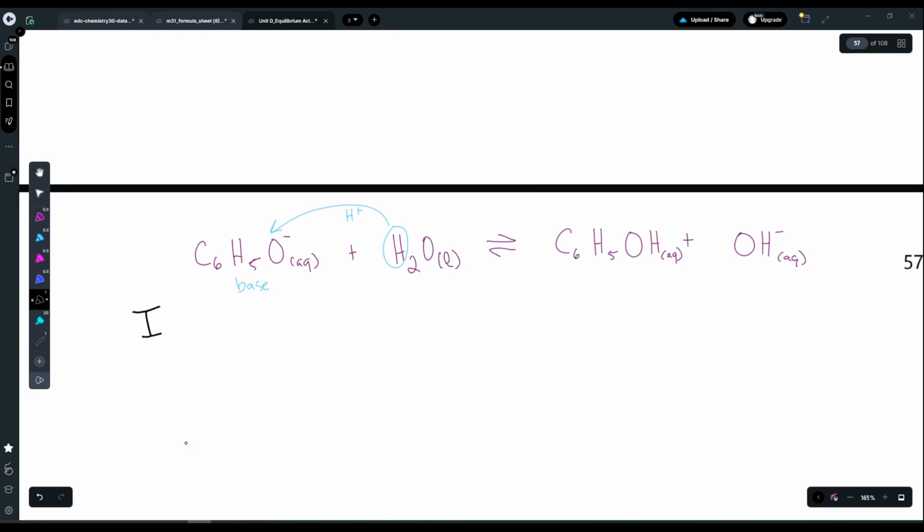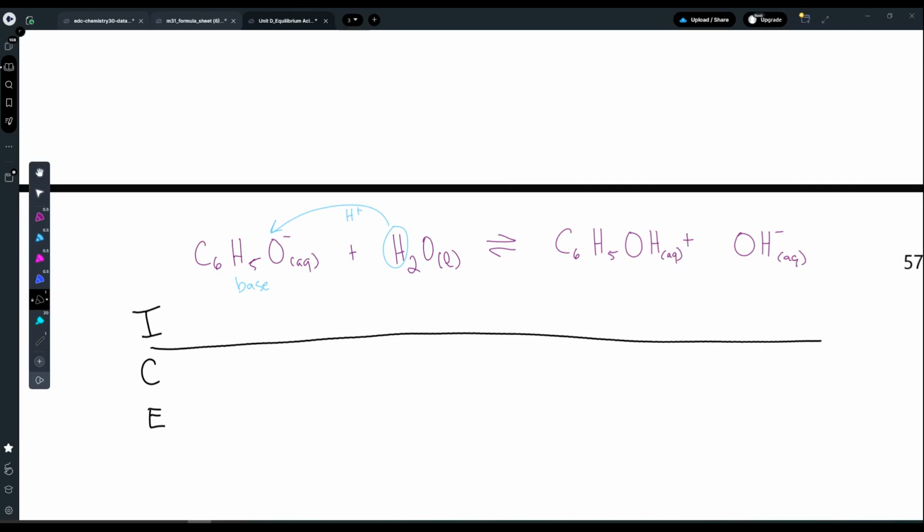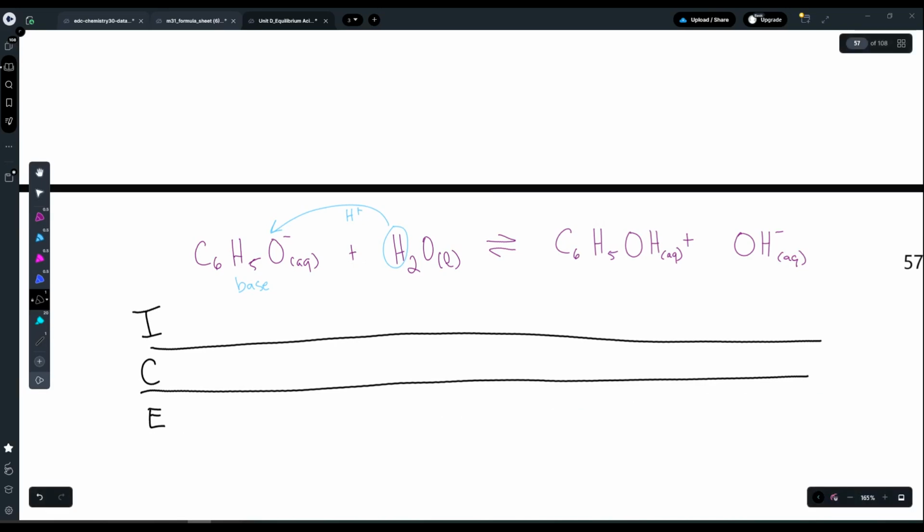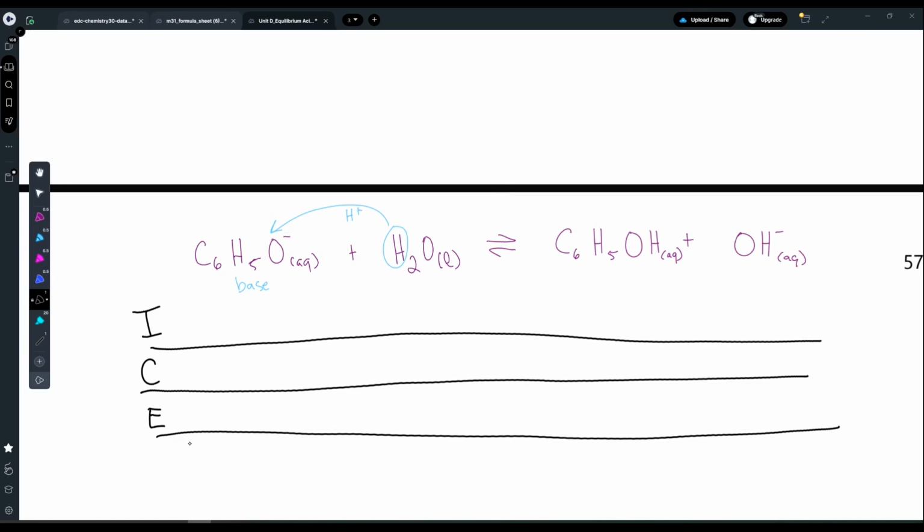Okay, so let's write out our ice table. And I'm going to put a thicker line underneath the equilibrium arrow.